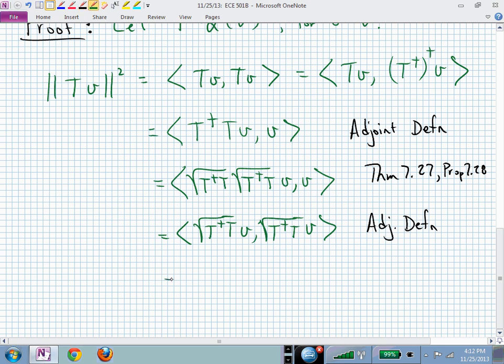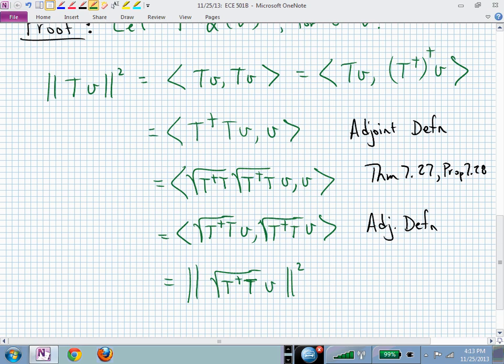But now, what can we say about that inner product? We have the same vector in both slots, so now we can say that that's the same as the norm squared of the positive square root of T adjoint T V. And now we've shown that this norm squared of TV is equal to the square of the norm of the square root of T adjoint T V.